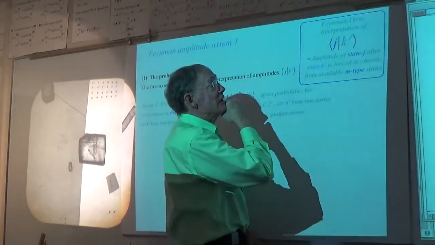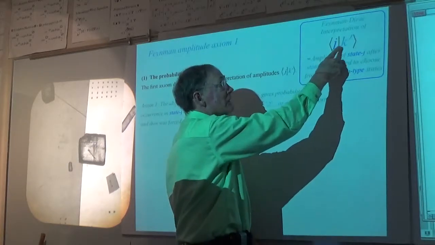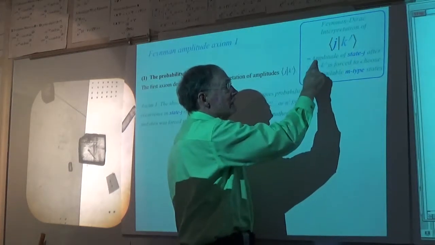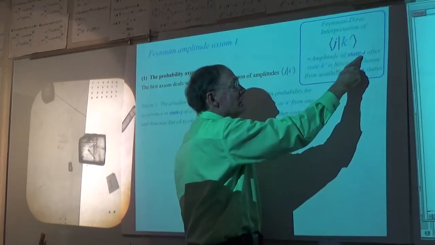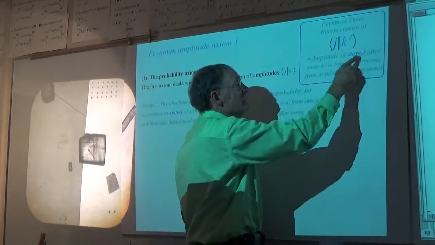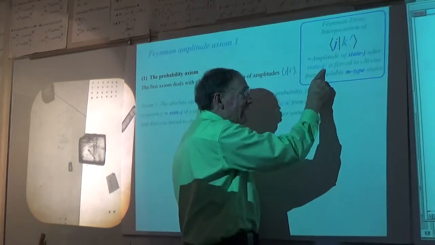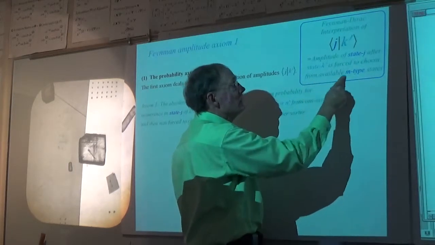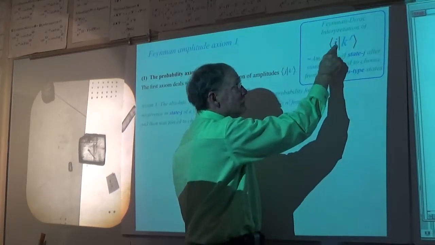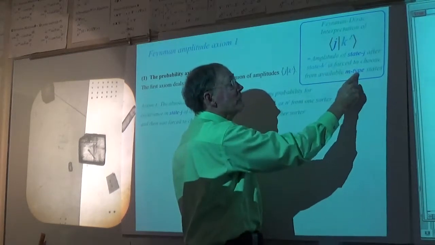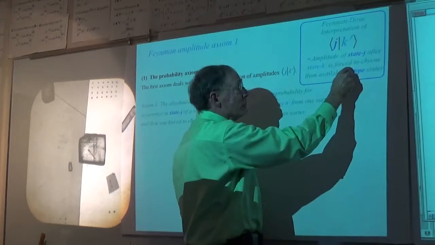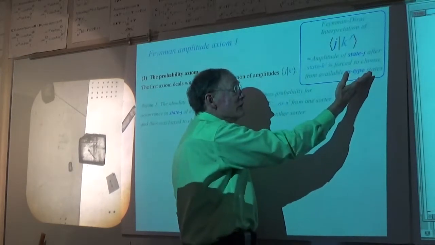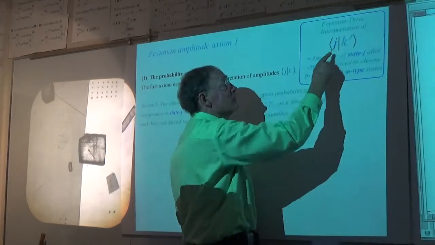He says, this amplitude of k prime first and j second, that's the amplitude of state j after state k prime, the initial state, is forced to choose from the available j's, that is, m-type states. M's without the prime are being forced in the choosing. This thing started with a prime.